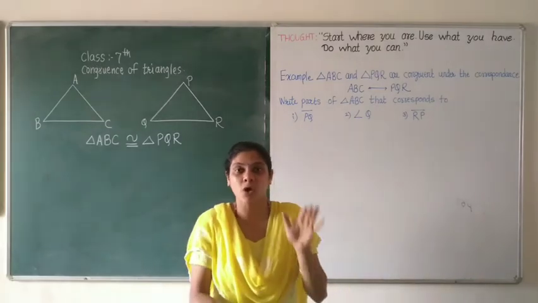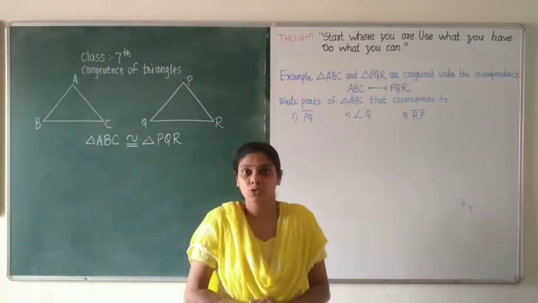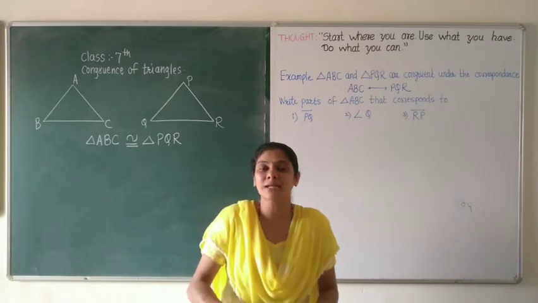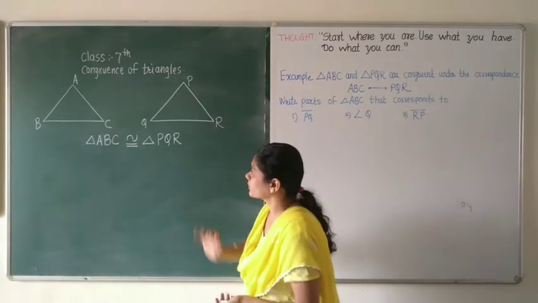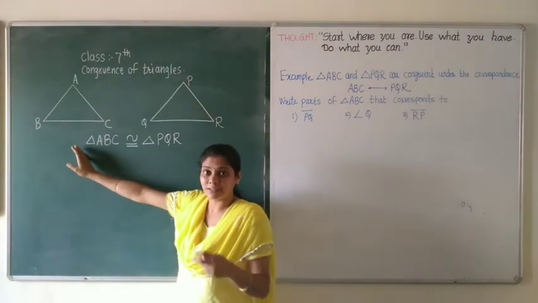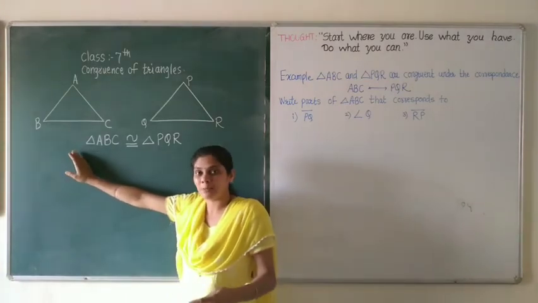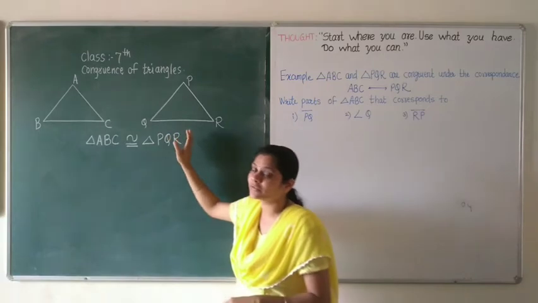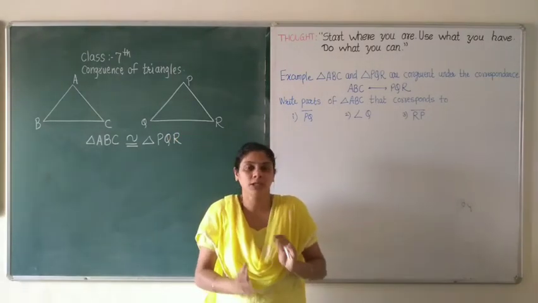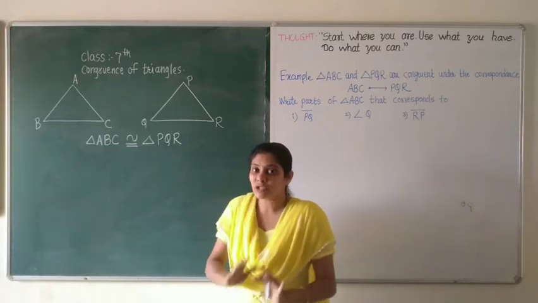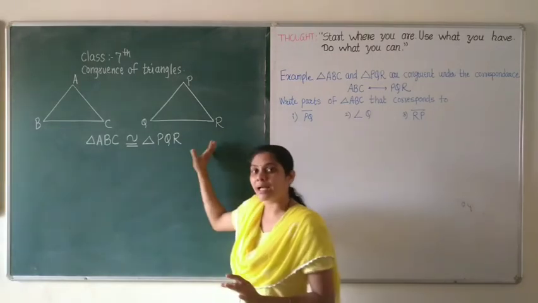Okay, let's go. Suppose we have cut the triangles ABC and PQR in the given shape and size, and if we place them on each other, which vertices and which sides will fall on the other triangle? Suppose I cut paper in the shape of triangle ABC and also triangle PQR, and I place the triangle ABC on triangle PQR.